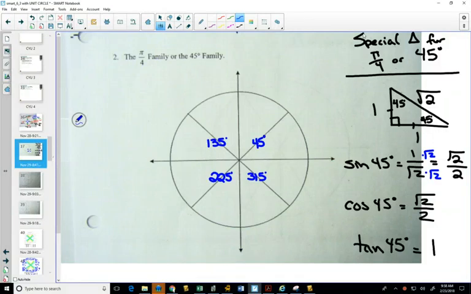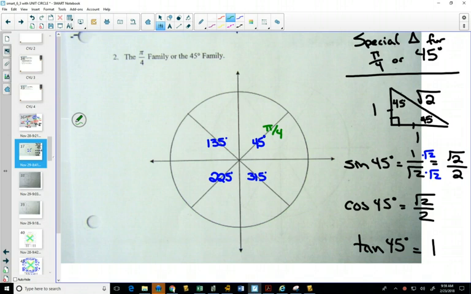Now we go to our radians. It's the pi over 4 family. So in quadrant 1, we'll have pi over 4. In quadrant 2, if the reference angle is pi over 4, how would you figure out what this angle is? Well, if it was degrees, you did 180 minus 45.